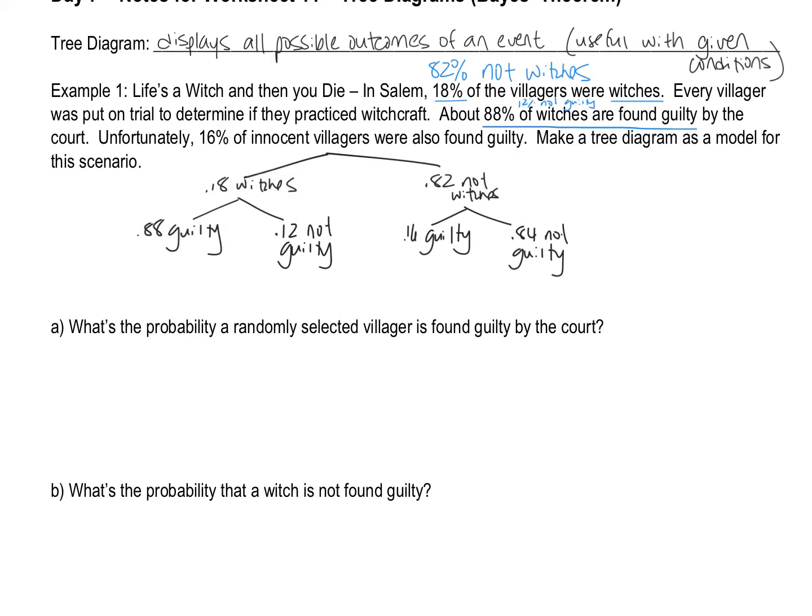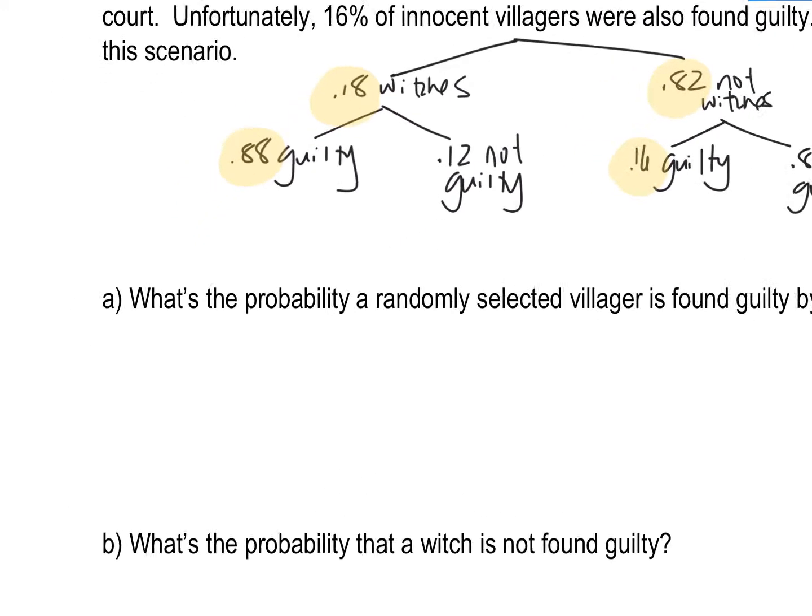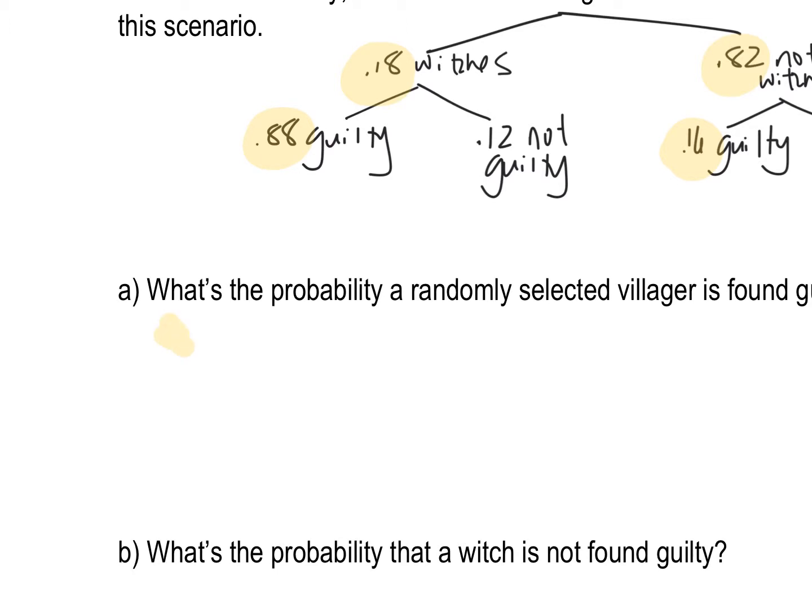So very first question, once you have all your information labeled and organized in a tree: what's the probability a randomly selected villager is found guilty? So there are two ways to be found guilty. You can be a witch and guilty, or you could be not a witch and also found guilty. That wouldn't be fair, but there are two ways to do that. So I'm going to write down two ways.